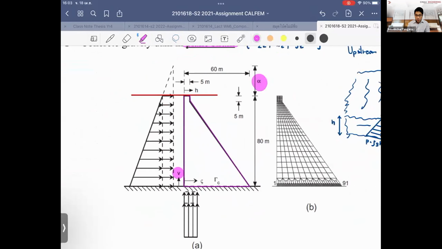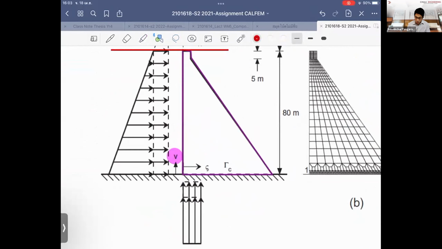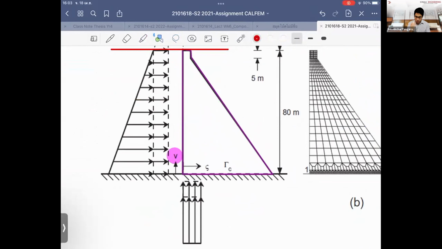So what we worry about the most for the dam, let me show you the simple analysis most people can do for the analysis or the design of the dam.